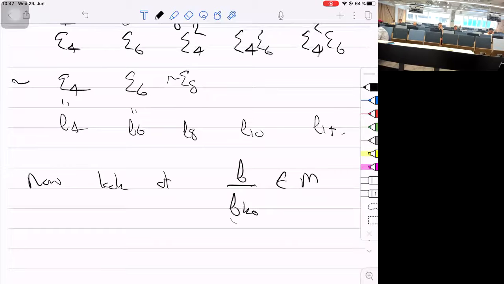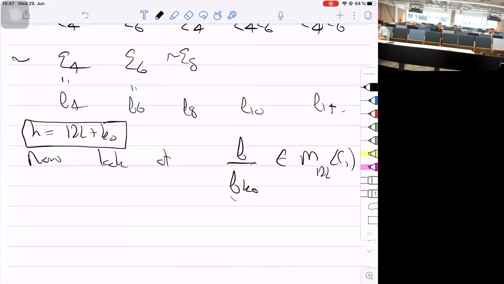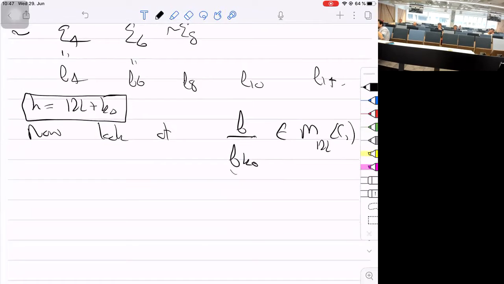And since it was exactly divisible, this is going to be a modular form of weight 12L plus K naught, just from the statement of the question. So this is a modular form of weight divisible by 12. Now the trick is we have a nice modular form of weight 12, the discriminant function.